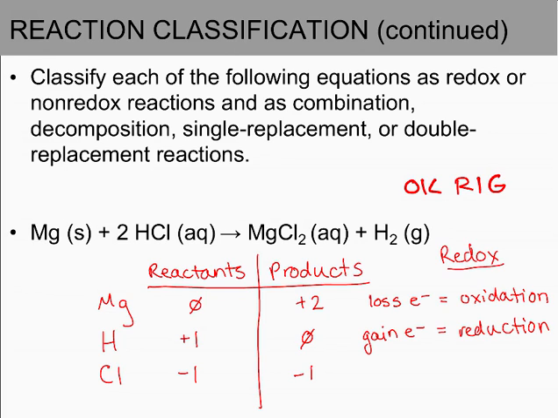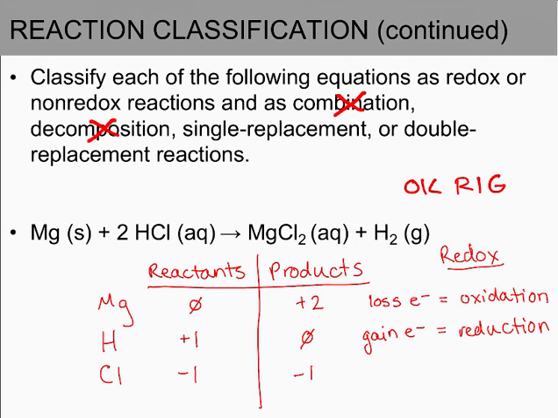Okay, so now let's figure out if this is a combination, a decomposition, a single replacement, or a double replacement reaction. Now let's start with combination. We know that combination reactions have just one product, and that's not the case here, so we can eliminate that. Decomposition reactions only have one reactant, and that's not the case here, so we can eliminate that.